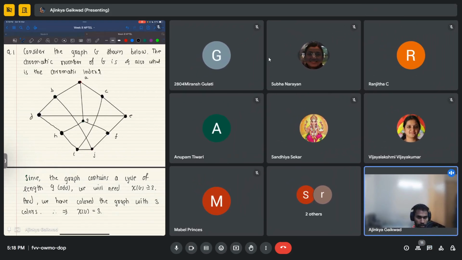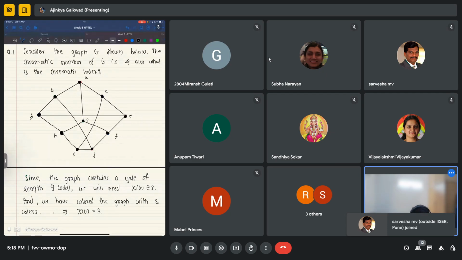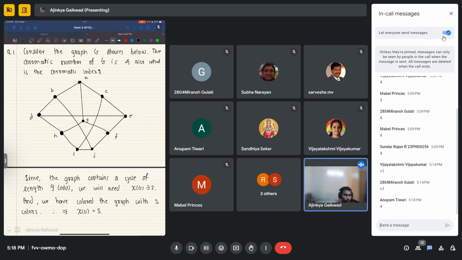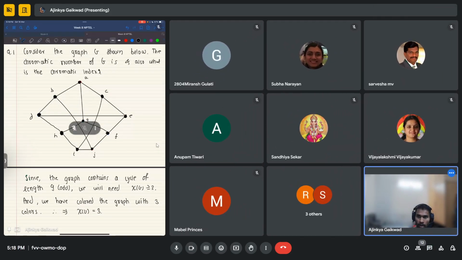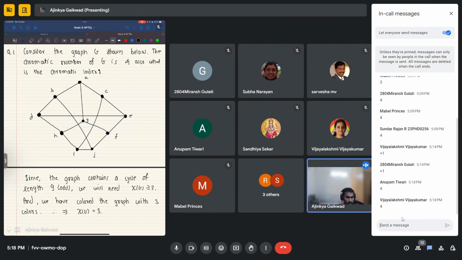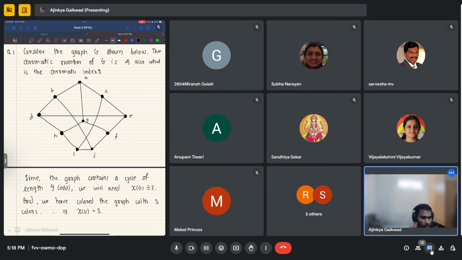I don't see any answers yet. Okay, he's saying the answer is 4. Is there anyone who has colored the edges with only 3 colors? I see one more 4. So, okay, let's see together.